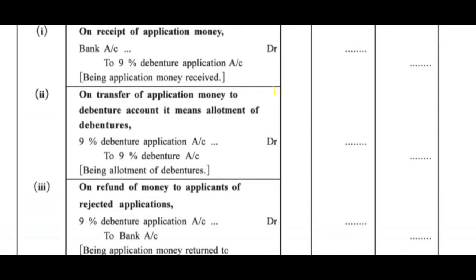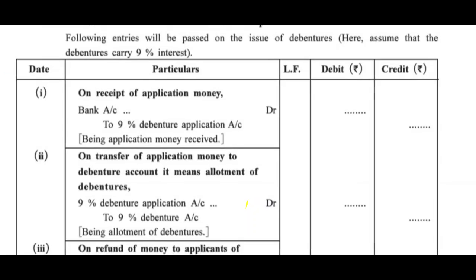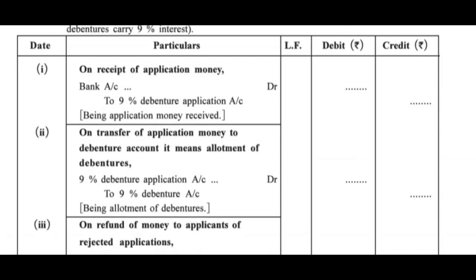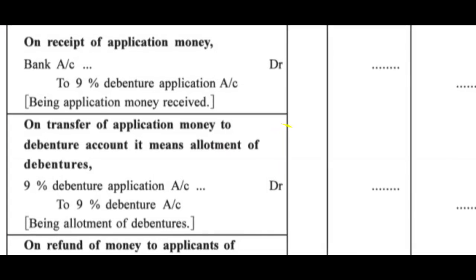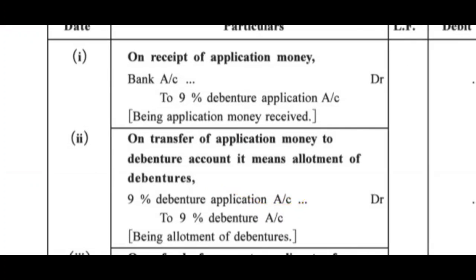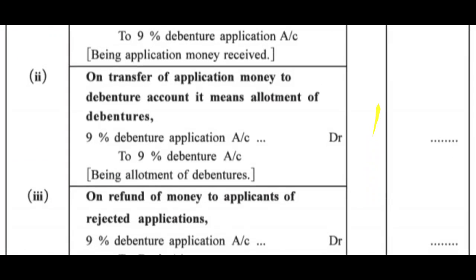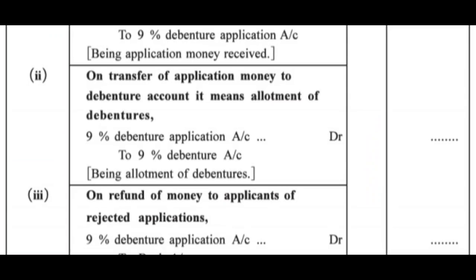First of all, on receipt of application money, bank account debit to 9% debenture application account. 9% is just an assumption that suppose the debentures are of 9%. Then on transfer of application money to debenture account, meaning allotment of debenture, 9% debenture application account debit to 9% debenture account.